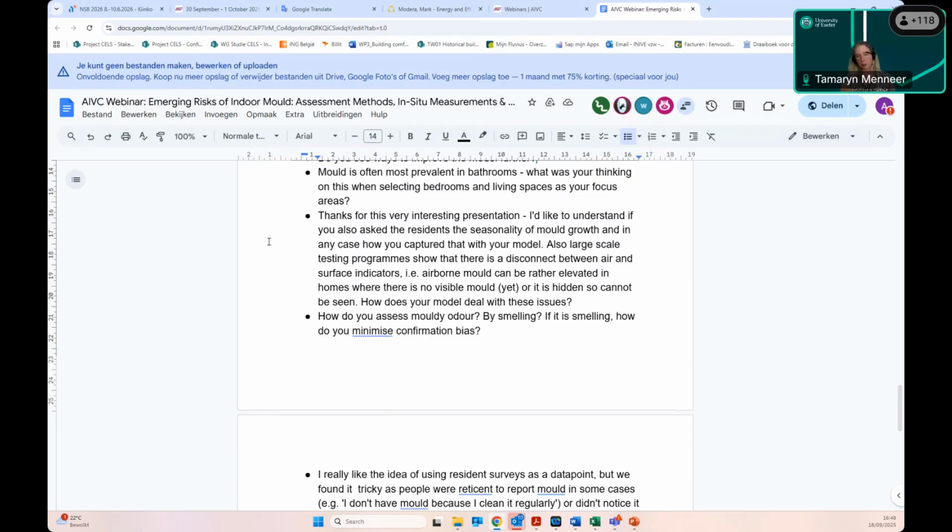So the decision about where the sensors were placed was related to other researchers' questions as well. The air quality sensor, for example, was placed in the living room. And I think the bathroom was deliberately avoided because it has these spikes in relative humidity, so it doesn't necessarily capture the humidity more generally within the home.